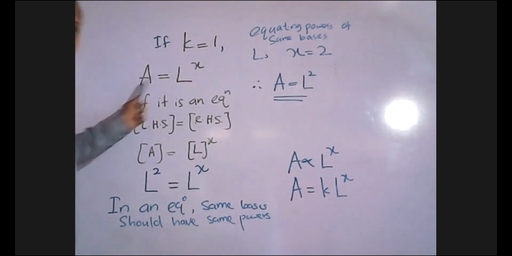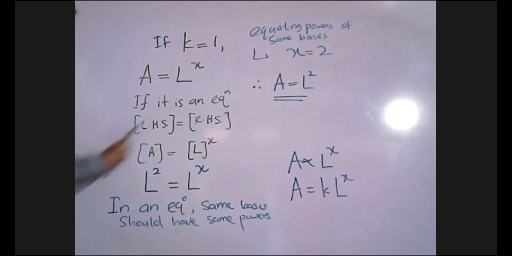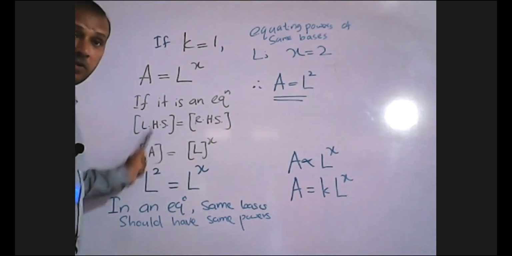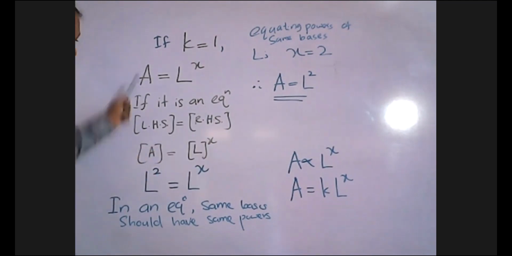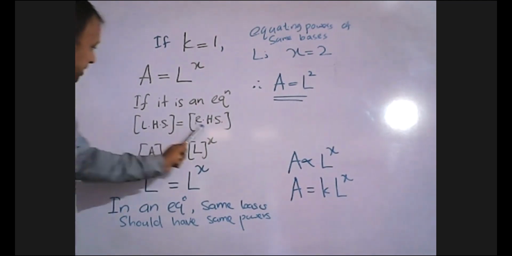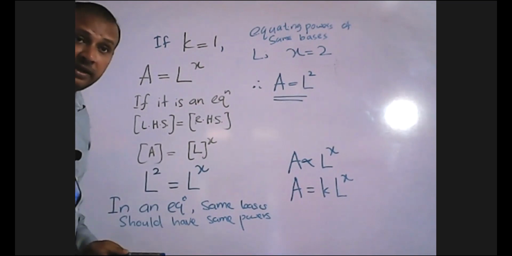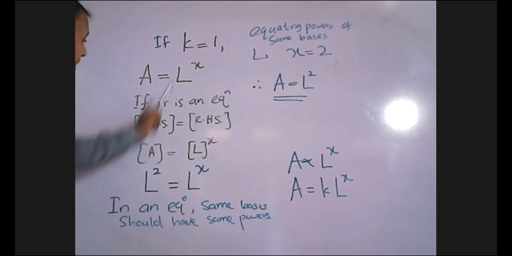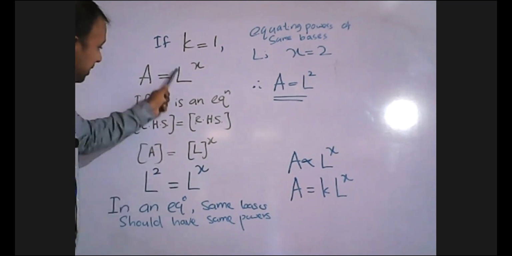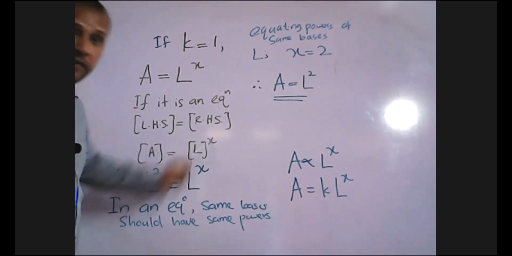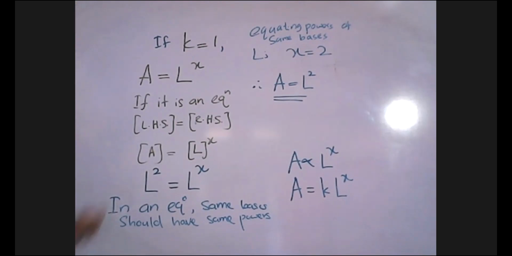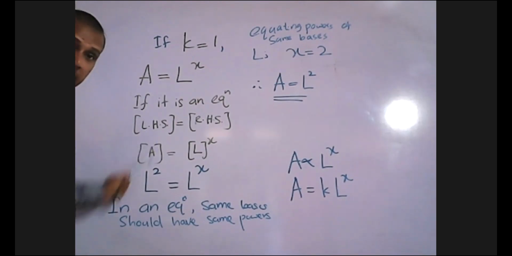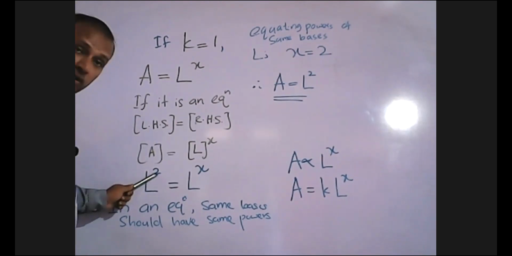If it is an equation, both sides should have the same dimension. So the dimension of LHS should be equal to the dimension of RHS. Dimension of LHS means dimension of area. Dimension of RHS means dimension of L to the power x. The dimension of area is length to the power 2.